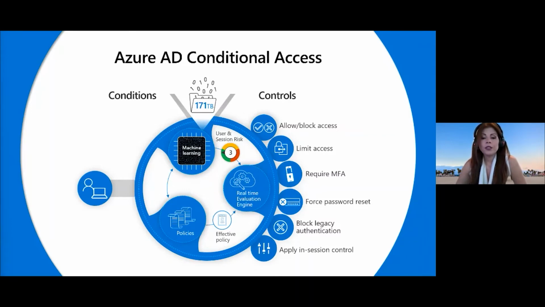And you can create policies to secure your resources in many different ways. For example, you can only allow admins to access the Azure portal from a compliant device, only from authorized locations, maybe only from countries where you have a main office. You can choose to block downloads and uploads from an unmanaged device.